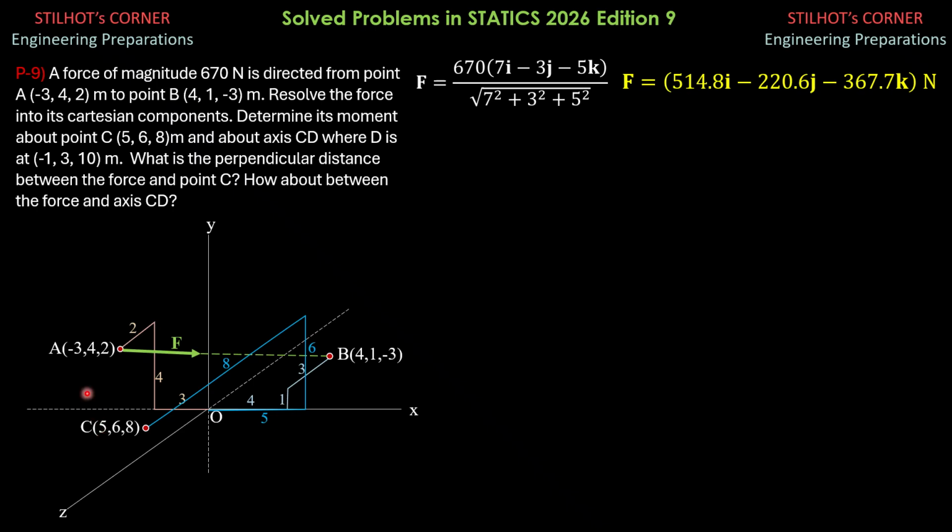Earlier, C is to the right of A by 8 meters because this is -3, this is 5, so the distance between them is 8 meters, but C is to the right of A. C is above because this is 6 and that is only 4, above by 2. Then it is in front. C is in front of A because this is 8 and that is only 2. So the difference is 6.